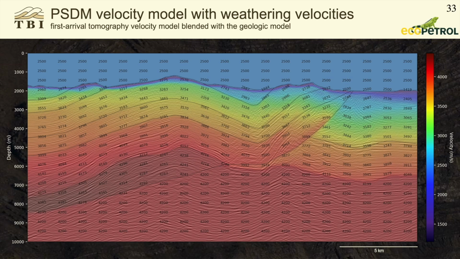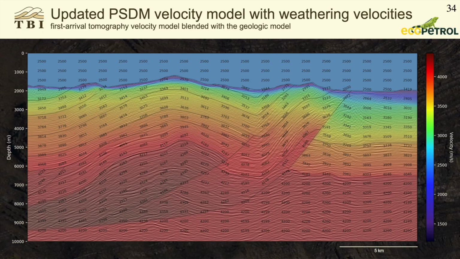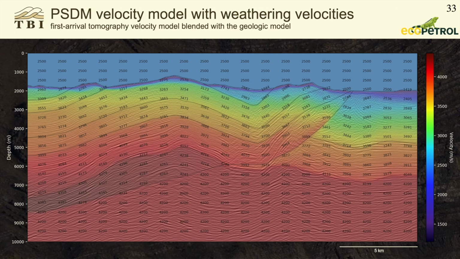Here we have our PSDM velocity model with the weathering velocities incorporated, and the reflection statics were calculated from this integrated velocity model. From the imaging improvements from these weathering corrections, we were able to revise the interpretation and update the velocity model.